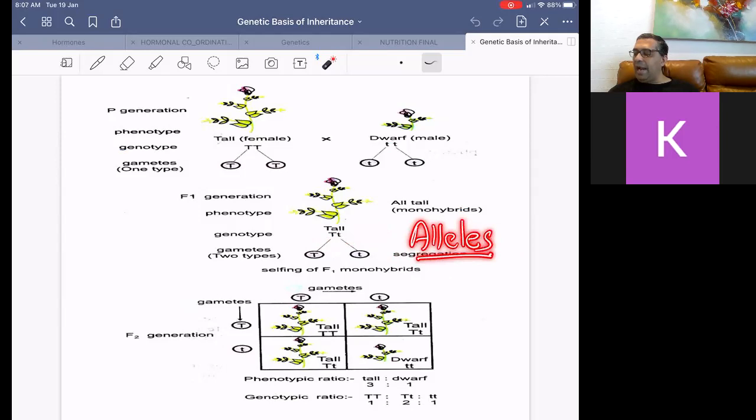Alleles के अंदर capital T small t आता है, of which capital T will express and small t will get suppressed. Capital T will become tall and small t's dwarfness will become suppressed. So that is a uniform expression of tallness in the F1 generation.